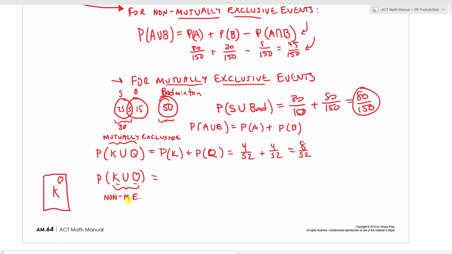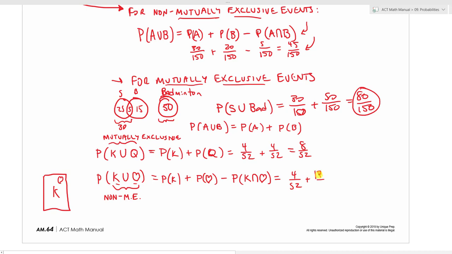We can get a heart and a king at the same time. So what we would have to do is our formula: probability of selecting a king plus probability of selecting a heart, and then we have to subtract out the probability of selecting a king and a heart. And what those probabilities would look like is the 4 out of 52s from above.